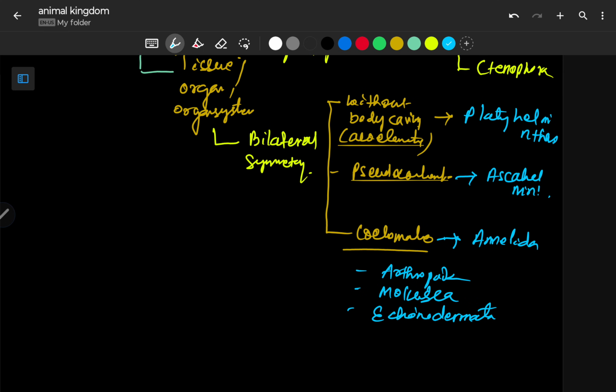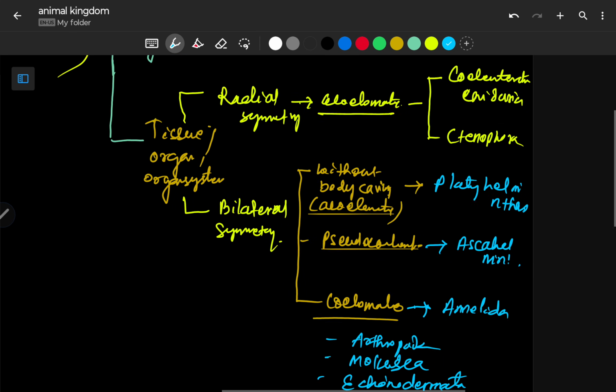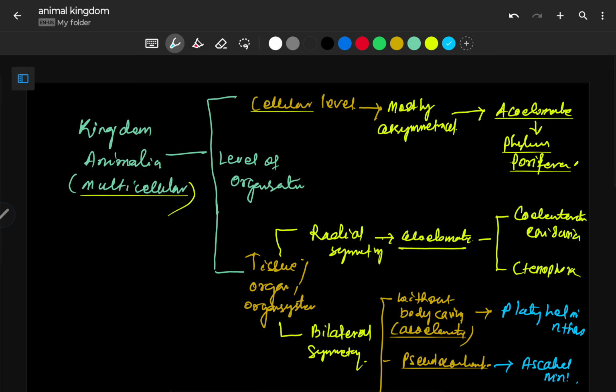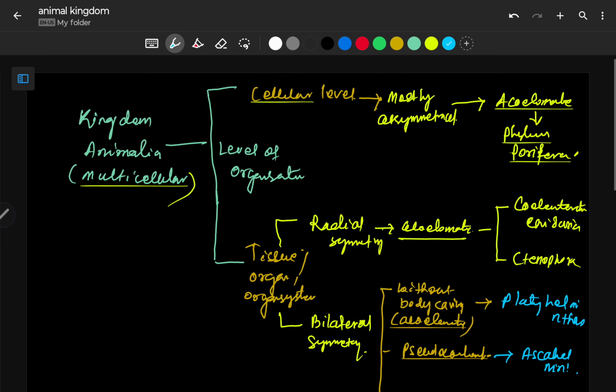But here it is the Echinodermata and Hemichordata and Chordata. So they are having the true coelom. So this is the broad classification of the animal kingdom. Okay, I think it is clear to you.